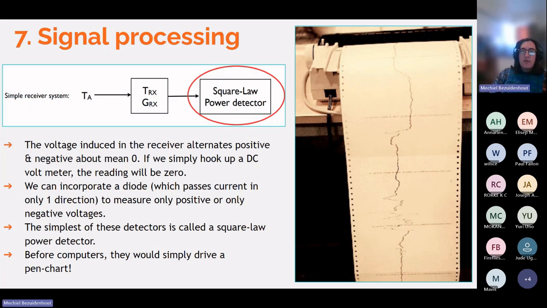So for polychromatic light, which is going to be the case for the vast majority of radio emission that you observe, it just means that the voltage that you are going to measure, which is fluctuating, is going to be the superposition of all the signals at different frequencies.